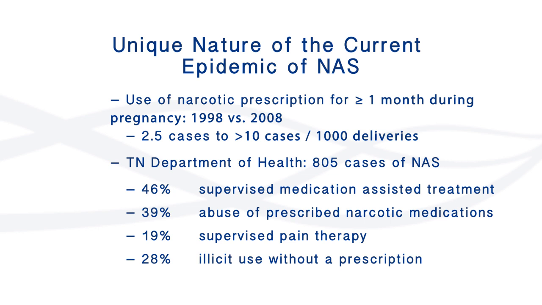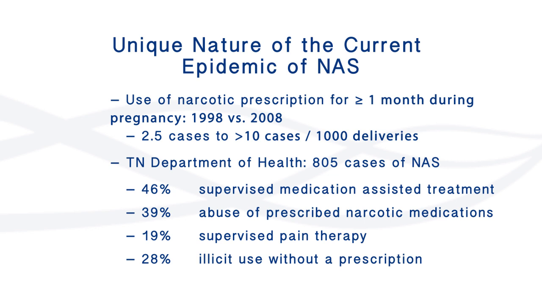In a recent study that looked at 1998 versus data from 2008, the investigators evaluated the number of cases of pregnant women in which the pregnant woman used a narcotic prescription for at least 1 month during the pregnancy. And that rate went from 2.5 cases in 1998 to more than 10 cases in 2008 per 1,000 deliveries.